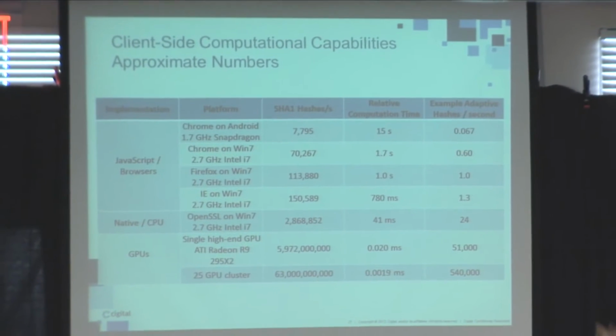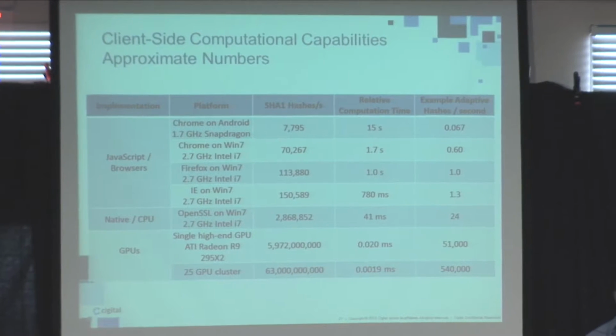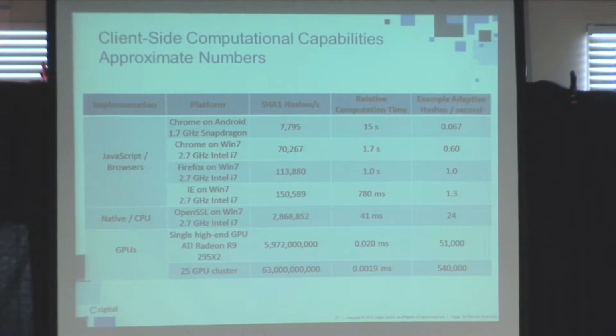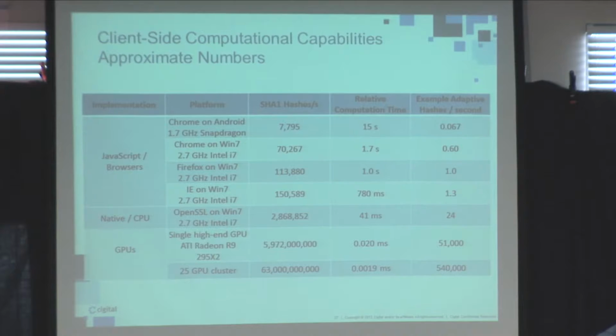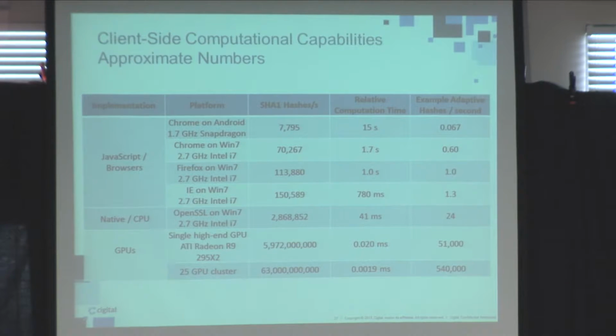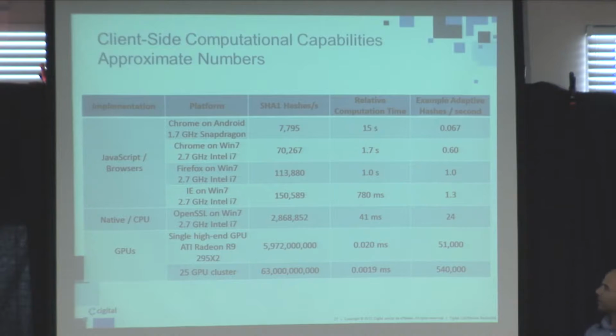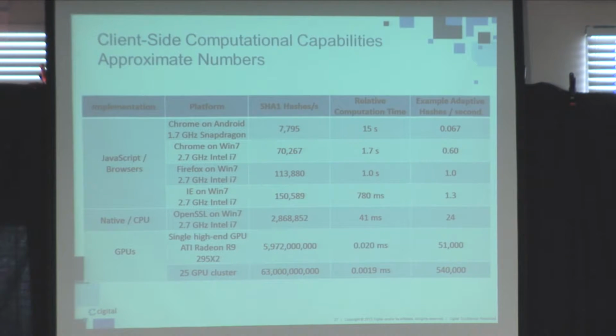So here are some numbers for a SHA-1 based adaptive hash. These numbers aren't going to be true for bcrypt and scrypt, for example. There's not going to be that big of a difference. However, if we take a look at desktop browsers, if we want a typical laptop computer to require 1 second of computation to submit an adaptive hash to our server, what does that mean?